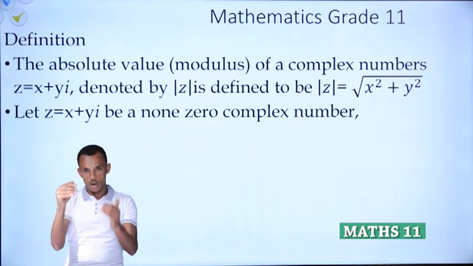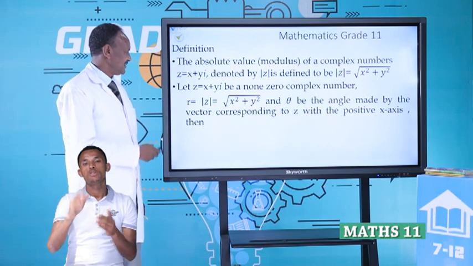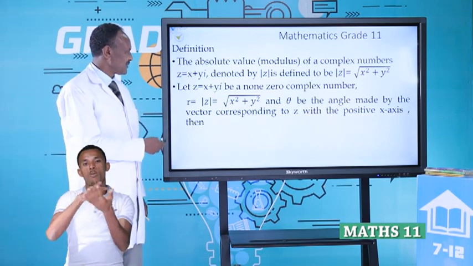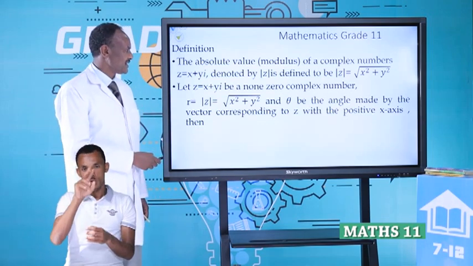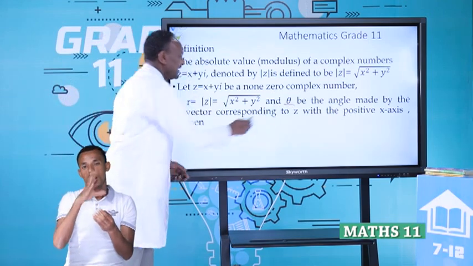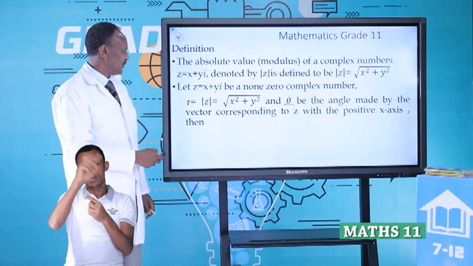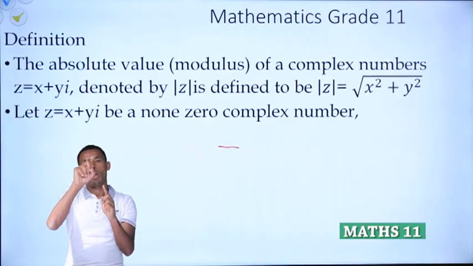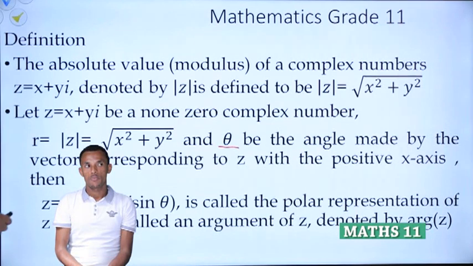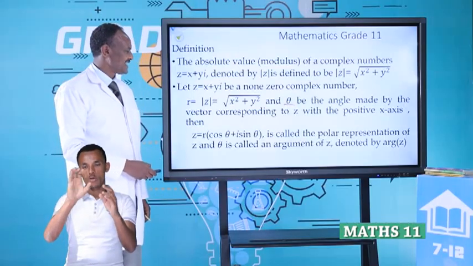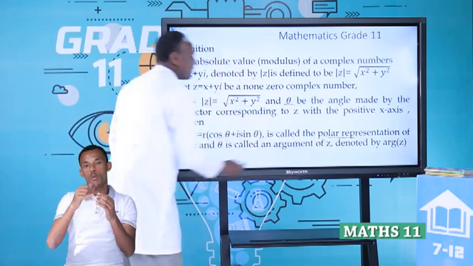If z is equal to x plus yi is a non-zero complex number, and the modulus, represented by r, is the absolute value of z, the square root of x squared plus y squared, and theta is the angle made by the vector corresponding to z with the positive x-axis, then z is equal to r times cos theta plus i sin theta, which is called the polar representation of a complex number.